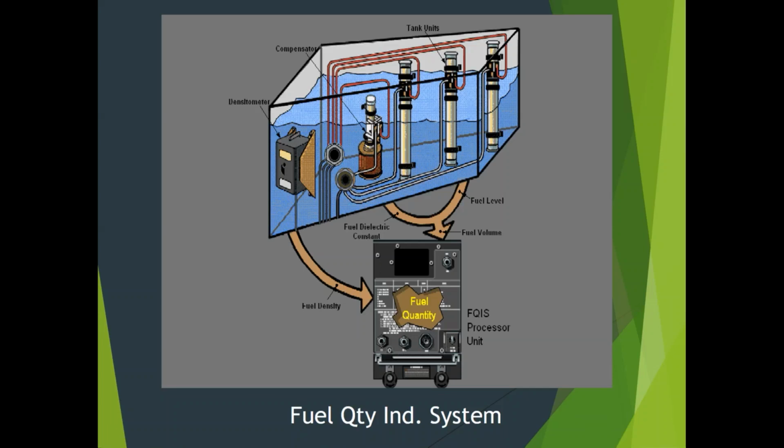If we do it in gallons, or volume, we don't know the energy content per gallon at a given time, because the energy content is based on the number of molecules. Each molecule has a certain energy content. If those molecules are closer together, more dense, you've got more energy in a given volume. If they're further apart, less dense, you have less energy in a given volume. But those same number of molecules is going to weigh the same no matter if it's more densely packed or more spread out.